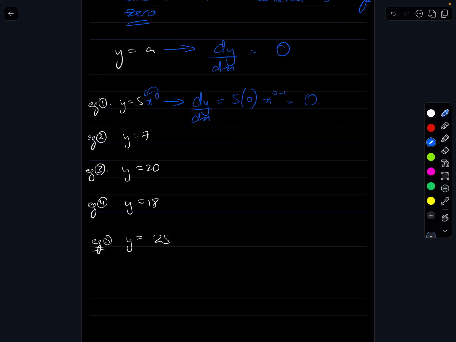And I have a 0 into x minus 1. X minus 1 is going to go to the denominator, and it's eventually going to be 0. So no need to fall into the hassle of this background, and simply know that dy by dx of a constant is going to be 0.